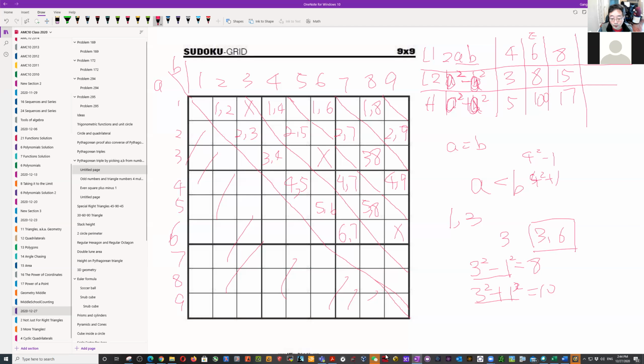Going down this way, 1, 6: 2 times 1 times 6 gives 12, and then 35 and 37.